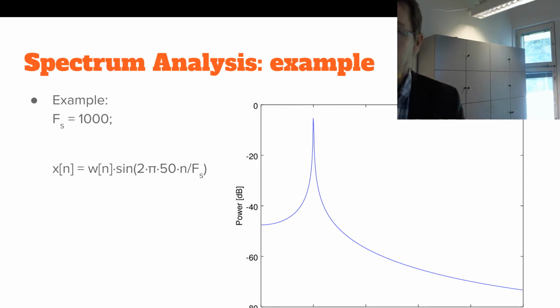Let me take a couple of pictures here. The discrete Fourier transformation makes the mapping from a discrete time signal to a discrete frequency signal.